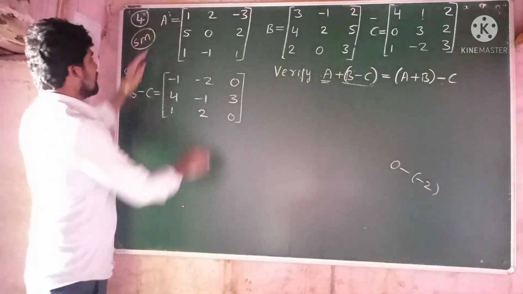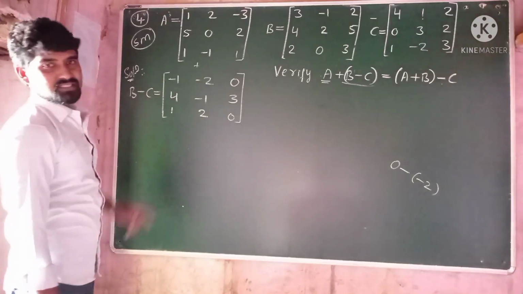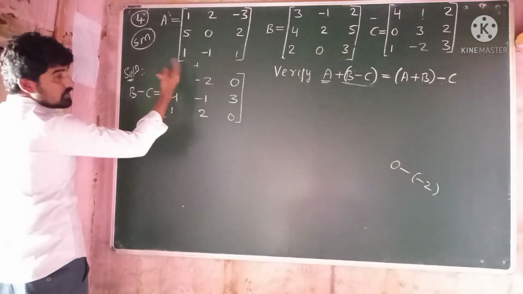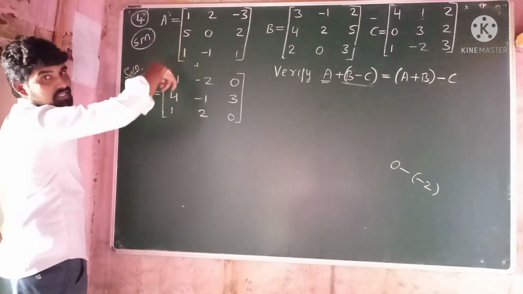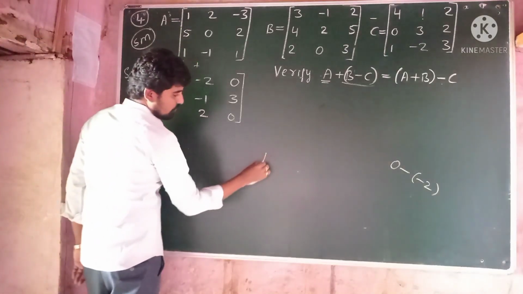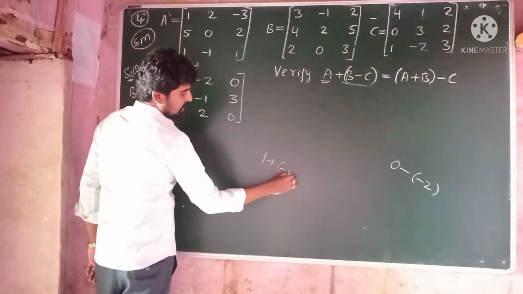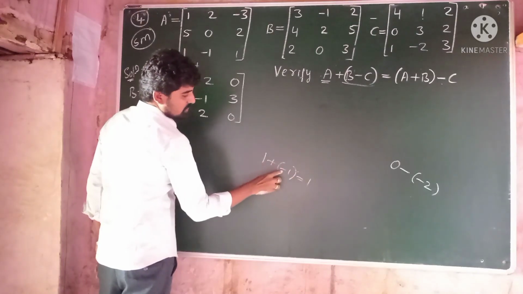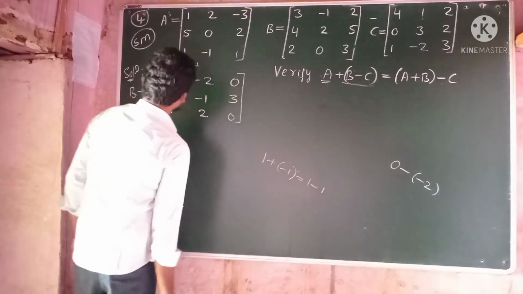A plus B minus C matrix is obtained by adding the corresponding elements. 1 plus minus 1 is 1 minus 1.